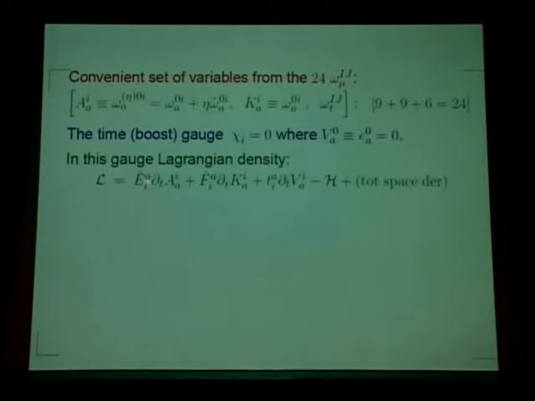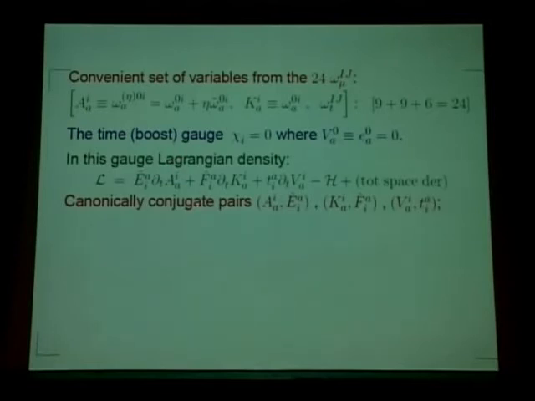It's a sum of E hat times the derivative of this A, F hat times the derivative of this K, and T hat times the derivative of V, minus H, and some total derivatives, where the pairs A and E hat, K and F hat, and V and T hat are canonical conjugate pairs.